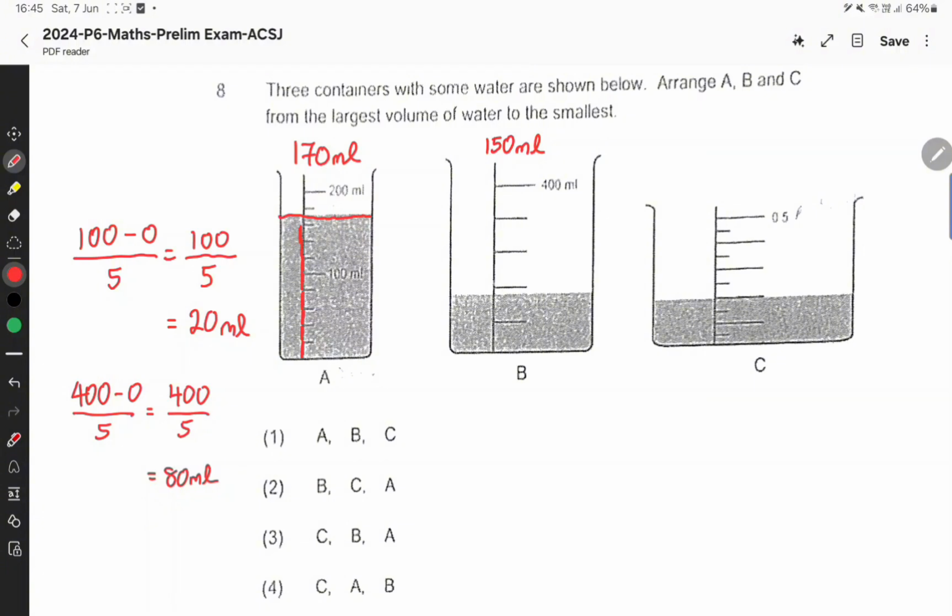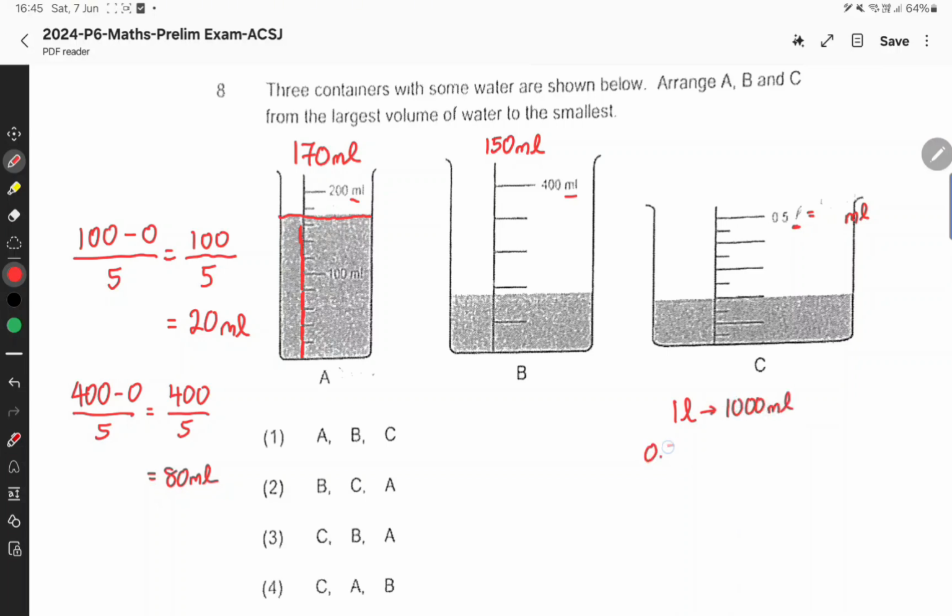Now, next part, option C. The first thing about option C is that this is in liter, whereas the rest are in milliliter. So we need to convert 0.5 liter into milliliter first. Now, 1 liter is 1000 milliliter.